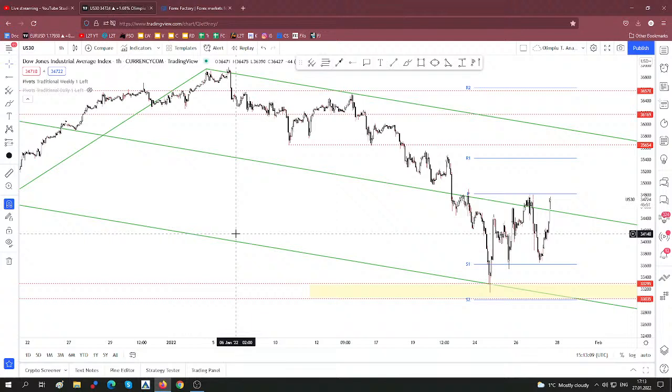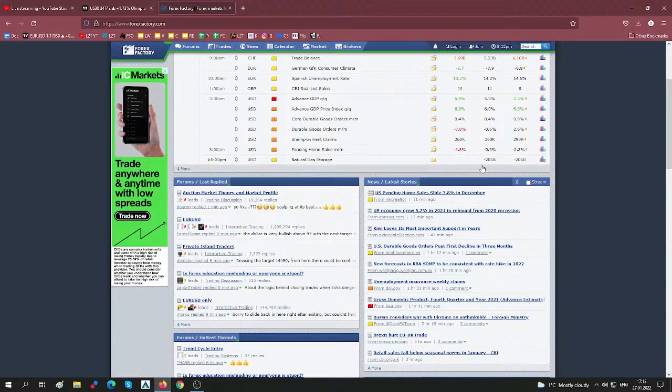Please, guys, if you have more questions, if you want me to take a look on a specific market. 3.8% drop versus only 0.9% drop expected. Huge drop. So mixed data today from the United States.